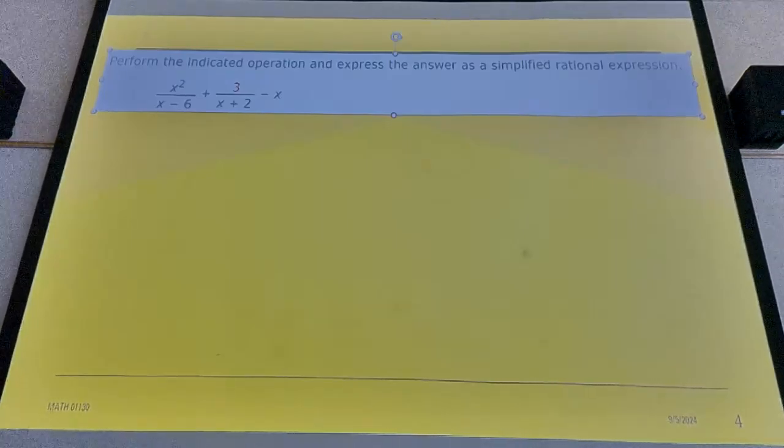More specifically, equivalent fractions. You don't want just a common denominator, you want a specific common denominator. Least common denominator, the LCD.